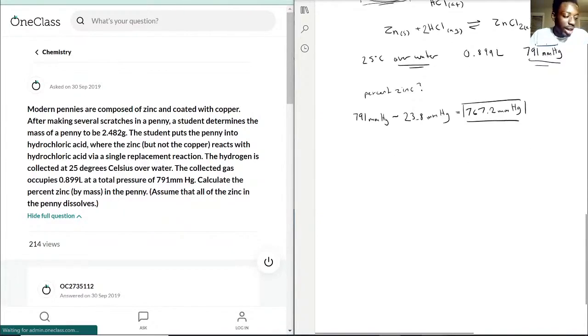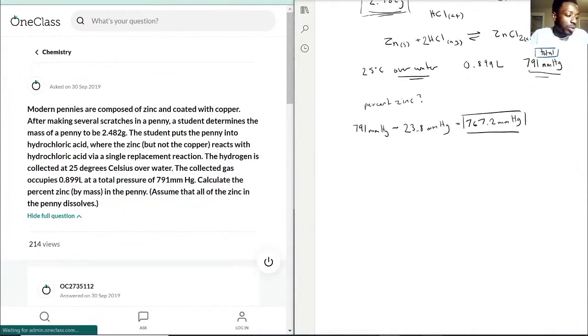So now we have the pressure of just the hydrogen gas. So now that we've done that, I like to convert it over to atmospheric pressure because it helps me use a simpler R constant. So with that, this turns into, when I do the conversion, 1.009 ATM. Okay, and you can find the conversion online or even in your textbook.